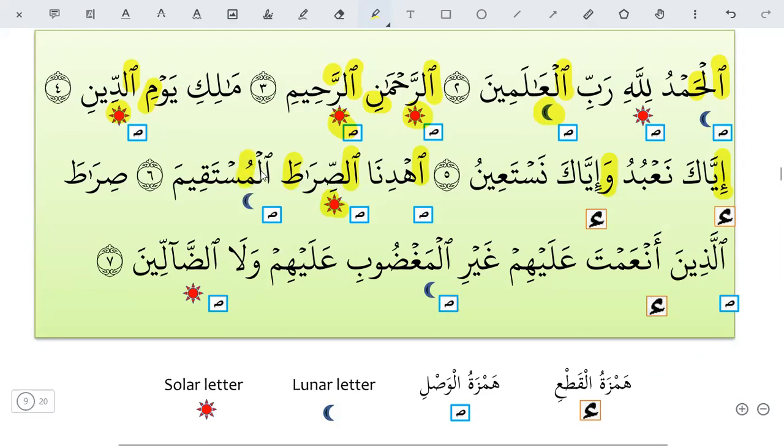Ta, we will read with the lam. And Hamzatul Wasl we will skip. Siratal mustaqim. Sirat alladhina. This is Hamzatul Wasl, so we skip it.